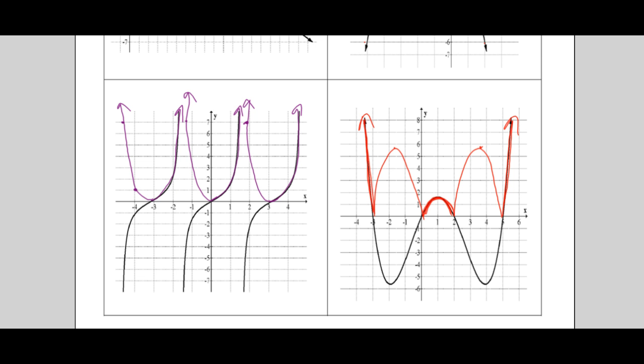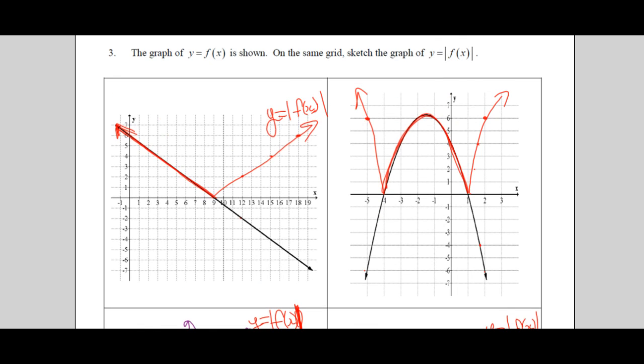So the red line is the absolute value graph, right? And over here, the purple line is the absolute value. So I should probably be writing down that this is y equals f of x, and this is y equals the absolute value of f of x, and this is y equals the absolute value.